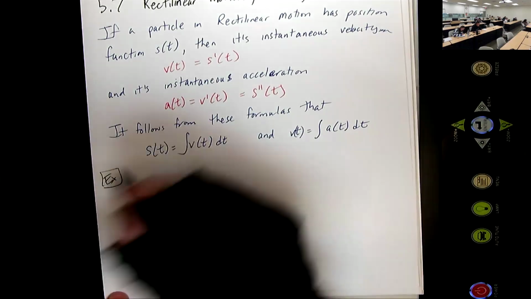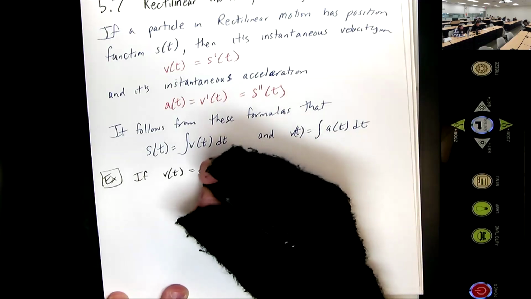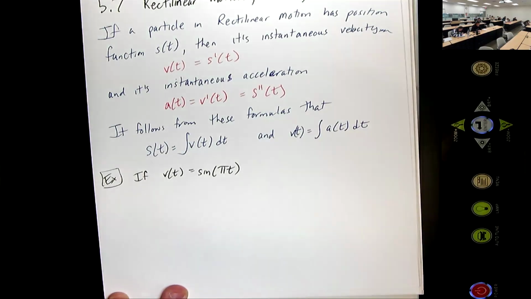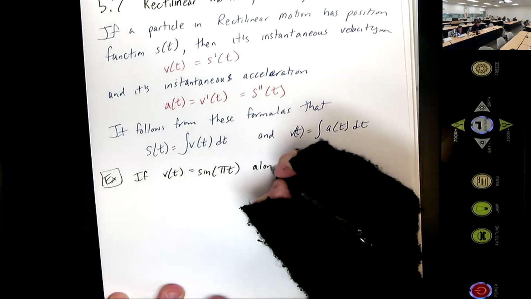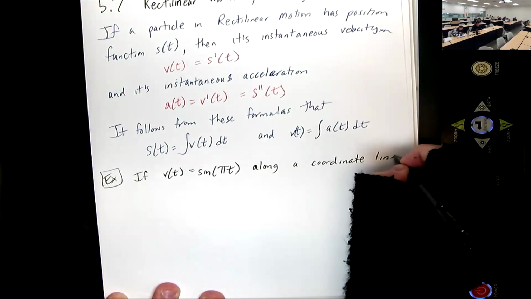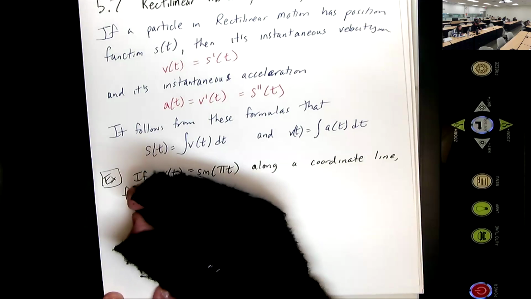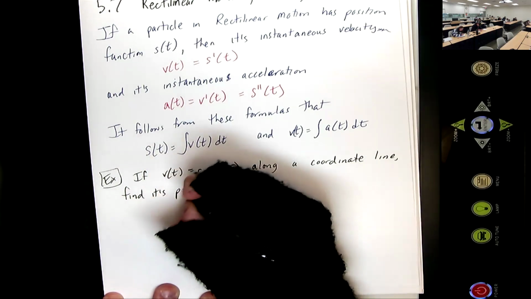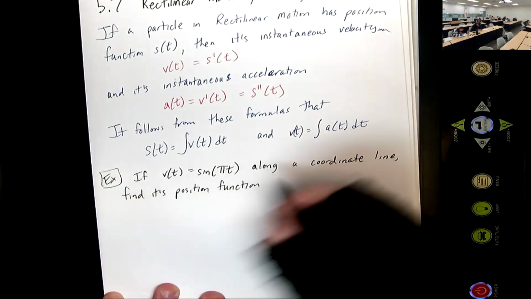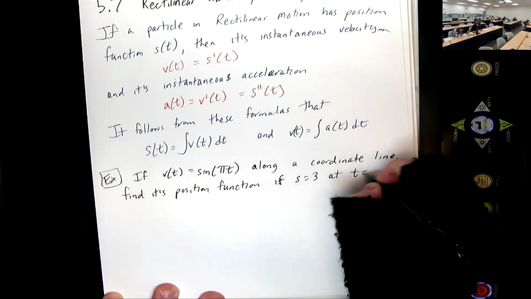If velocity equals sine of pi t, not pi over t, but pi t, along a coordinate line, find its position function if s equals 3 at t equals 0.